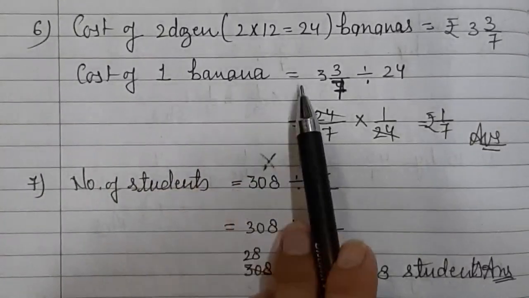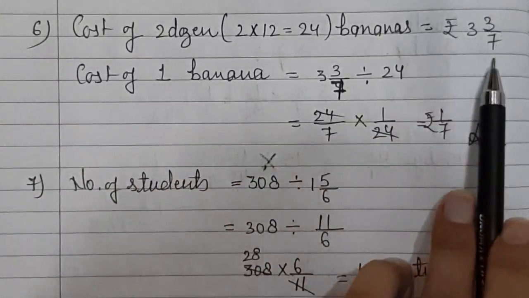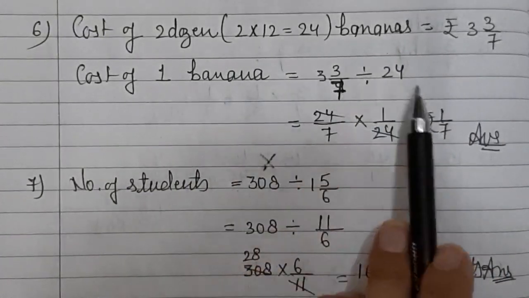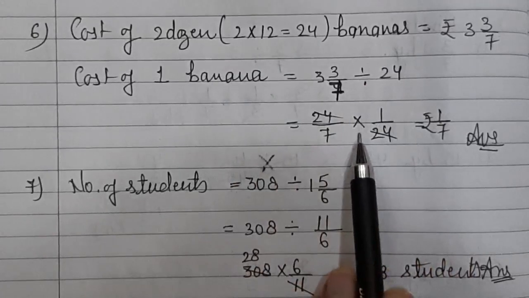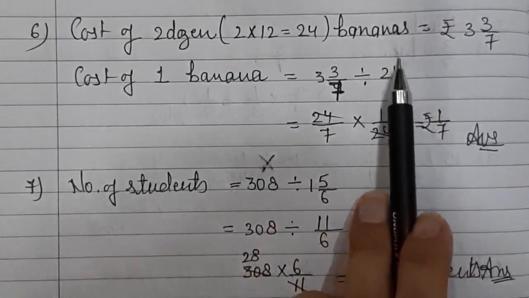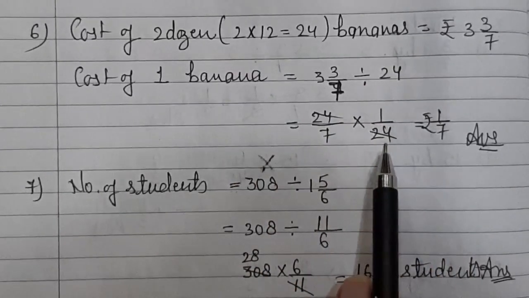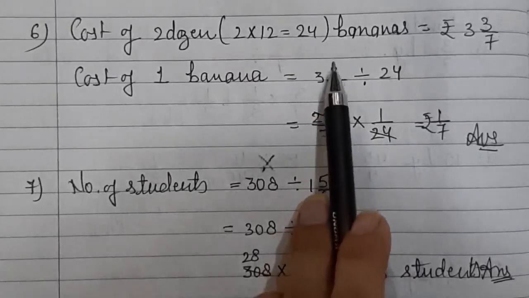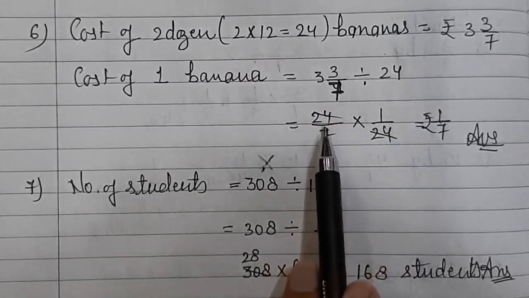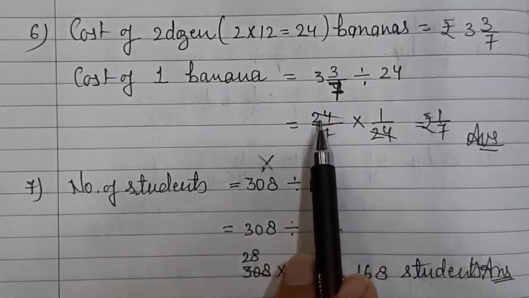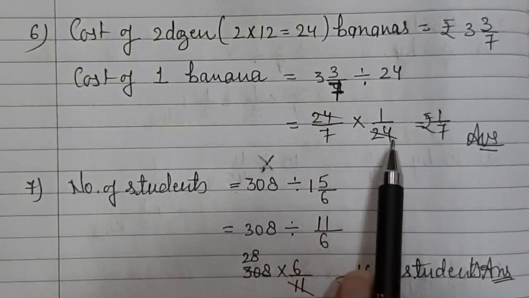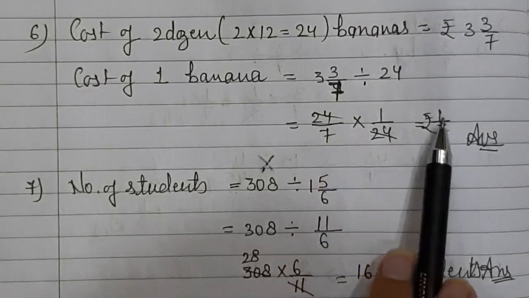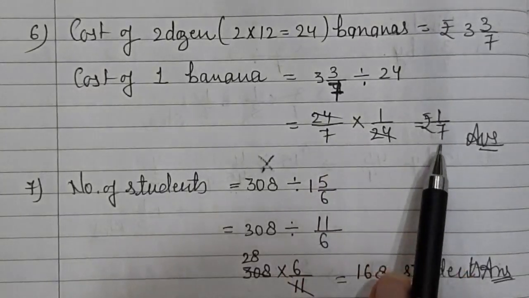Cost of 1 banana is equal to 3 whole 3 by 7 divided by 24. Convert this division sign into multiplication. Then we write the reciprocal of 24, that is 1 upon 24, and write this mixed fraction as an improper fraction. It comes 24 by 7. Now cancel out numerator by denominator. Answer is rupees 1 by 7.